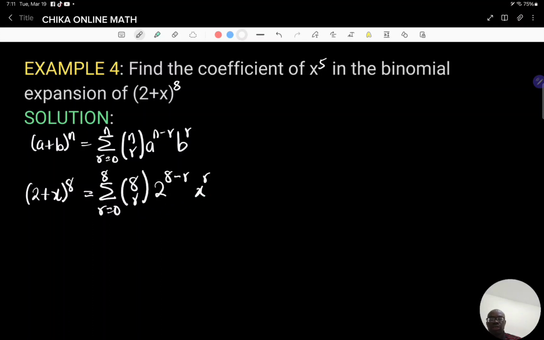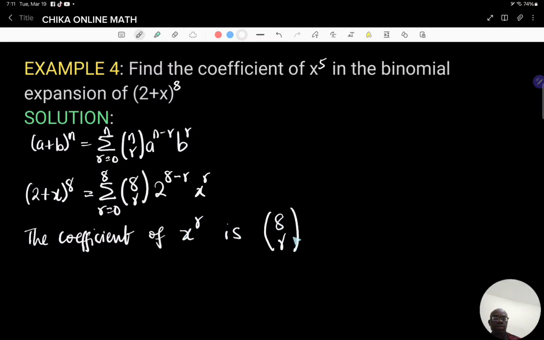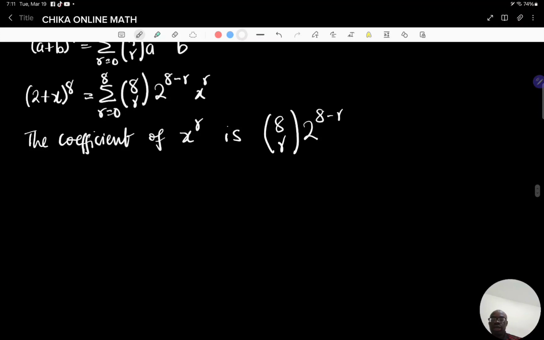So what's the coefficient of x raised to power r in this expansion? So we see that the coefficient of x raised to power r is what? 8 combination r 2 to the power 8 minus r, okay? So we see that the coefficient of x raised to power 5 is what?